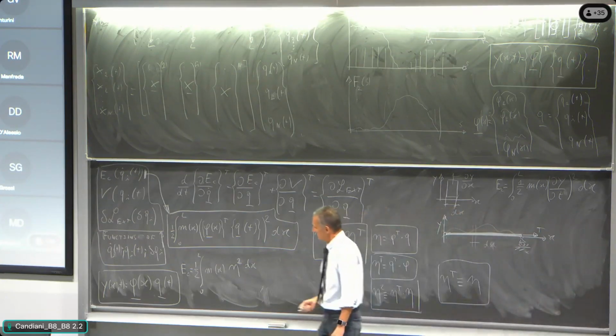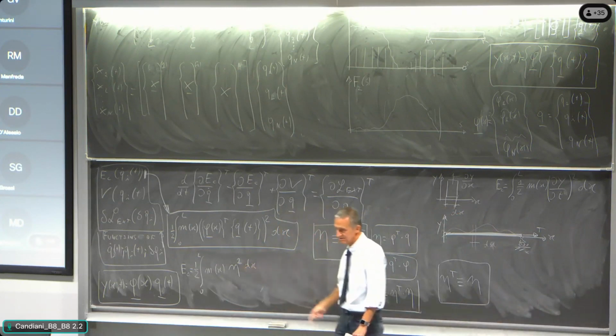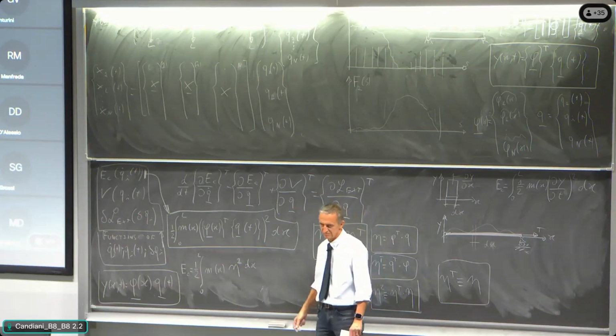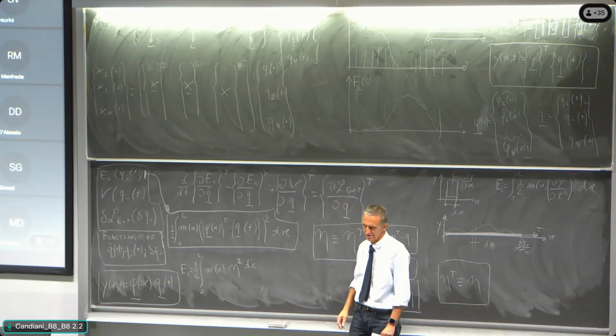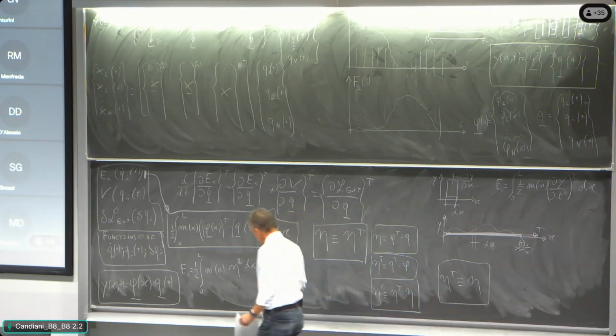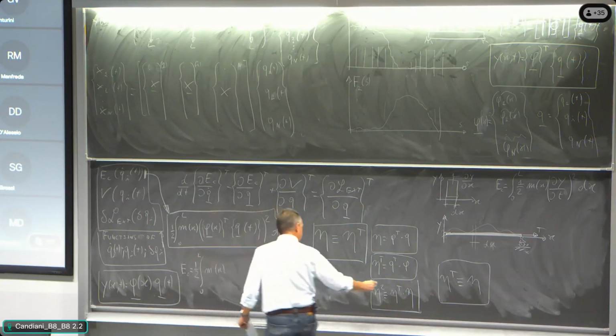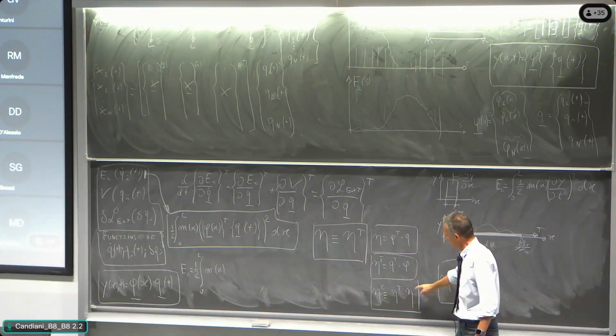For which reason is it useful? Because instead of writing this object here, that is very complicated, totally impossible to handle, we write eta transposed times eta.